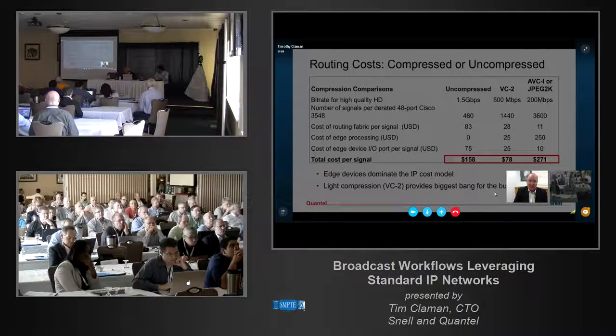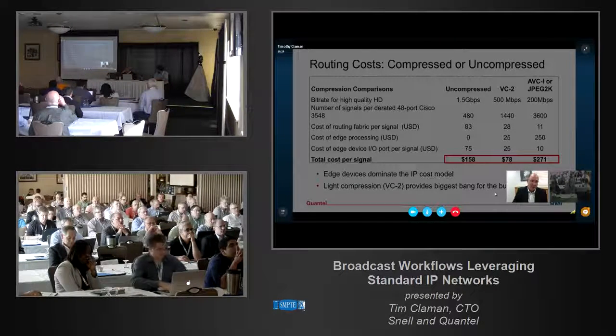Where you decide to use heavier compression, the cost of burdening the edge devices with more compute power starts to offset some of that cost savings. But even then, with heavier compression, we believe the cost per signal is at least comparable to SDI and generally lower than SDI, and as I said before, trending down very quickly. So that's the cost equation.